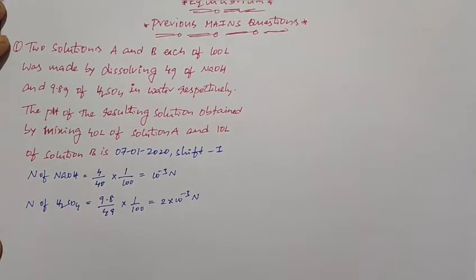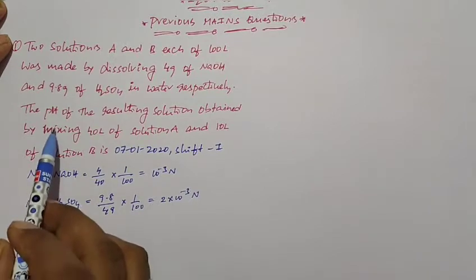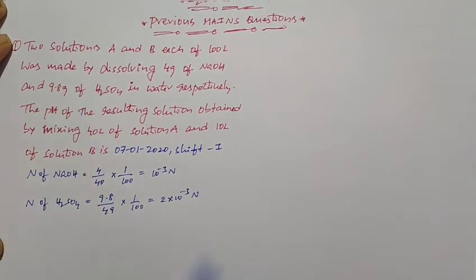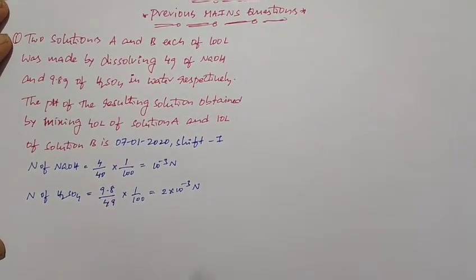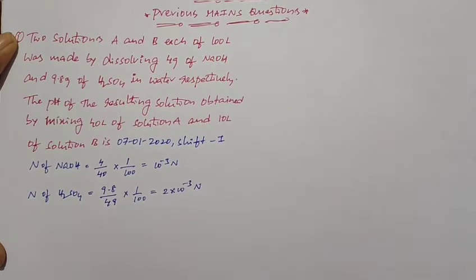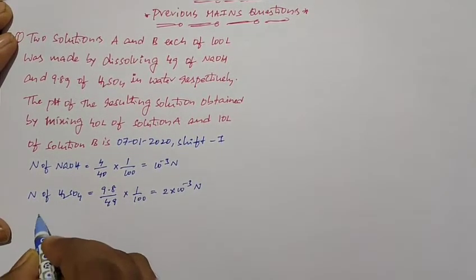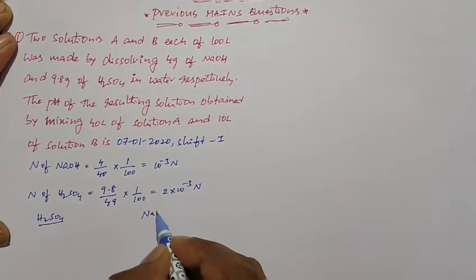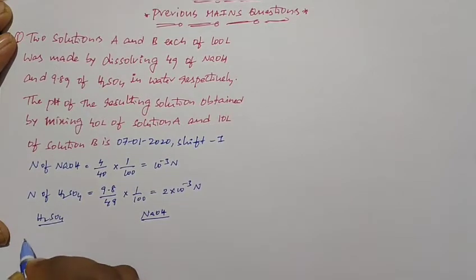Then, both solutions are mixed together. Based on this, we can find the normality. It is a mixture of acid and base, so we need to find whether the given solution is acidic or basic. H2SO4 on this side and NaOH on this side.